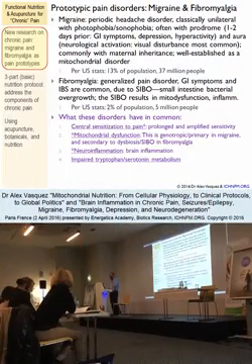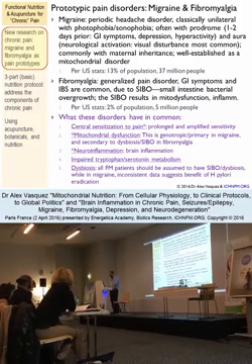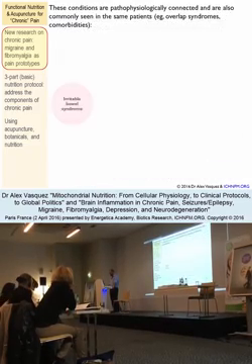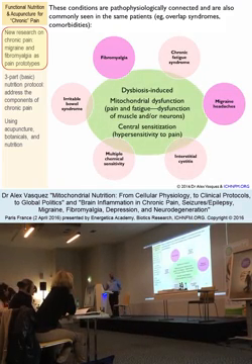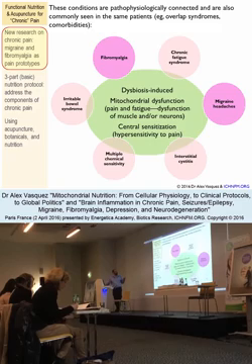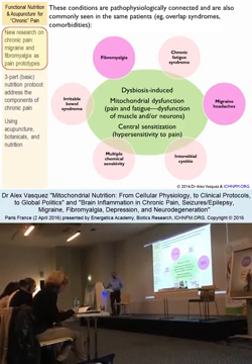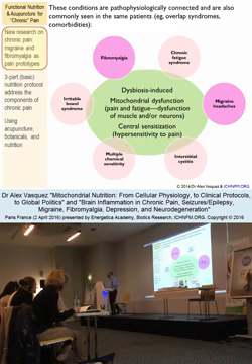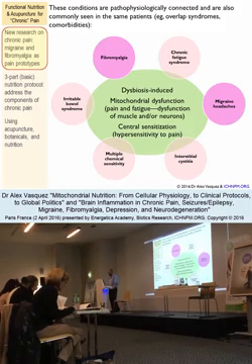I mean, you could basically run your practice only seeing these conditions. And we also see some associations with other conditions, not only fibromyalgia and migraine, but also chronic fatigue syndrome, irritable bowel syndrome, multiple chemical sensitivity, and interstitial cystitis, which is another variant of irritable bowel syndrome.